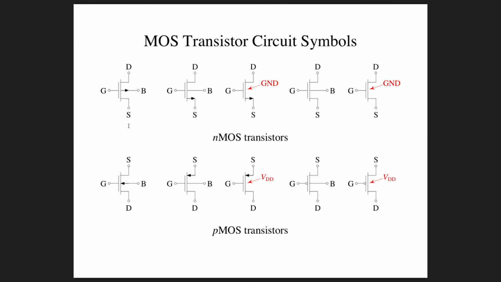And in practice, I find that this visual distinction is not particularly great. So when I see a schematic where people are using these 4-terminal MOSFETs with the bulk arrows, the first thing I do is redraw the schematic with symbols that have, for me at least, more of a visual distinction between the NMOS and the PMOS transistors. These bulk arrows are, in my opinion, pretty much useless.